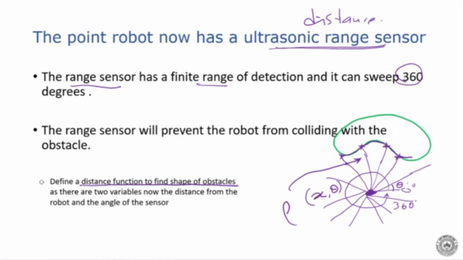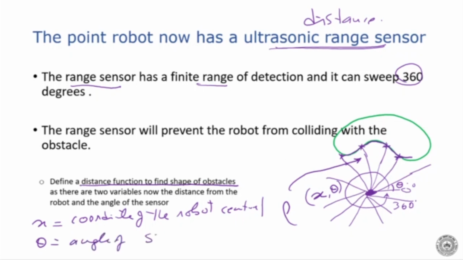The distance function is defined as rho(x, theta), where x is the coordinate of the robot center, and theta is the angle of sweep of the sensor. We are using an ultrasonic sensor, so depending on the range of the sensor and its sweep angle, you will get a different distance reading, depending on the shape of the object.